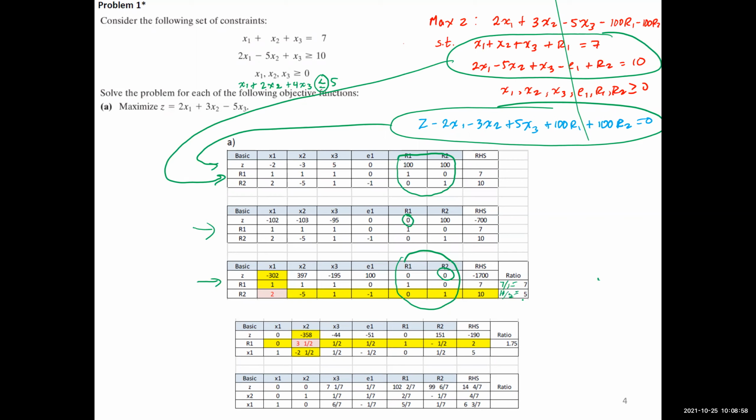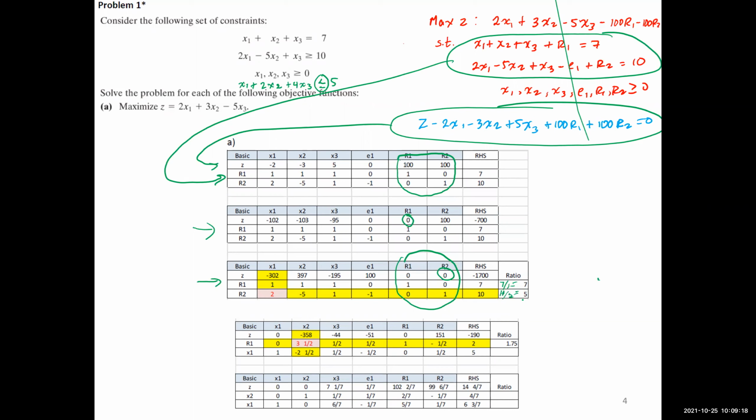So at this point, after we swap them, we have to make sure that this column for X1 represents the column that used to use R2. So we make the elementary row operations to make 0, 0, 1, that column belongs to X1.